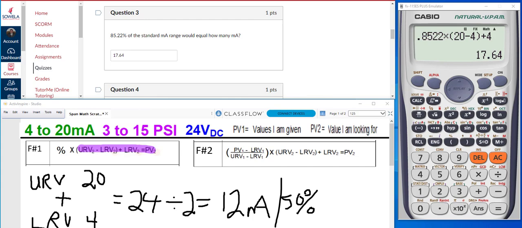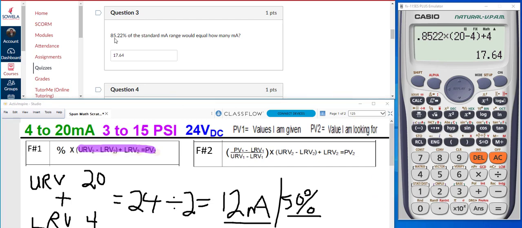One thing that can help you check your work: if we want to find 50% of span, there's a technique for doing that. You take your upper range value, which with milliamps is 20, plus your lower range value, 4, equals 24. You divide it by 2. 24 divided by 2 gives you 12. 12 milliamps is 50% of span.